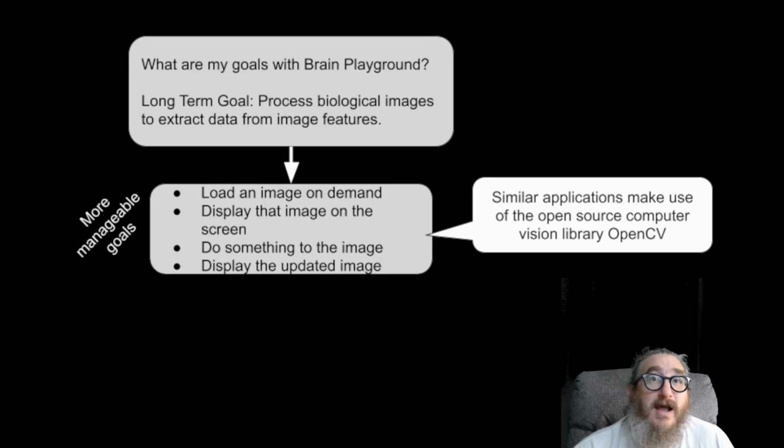In applications that do similar things, a lot of the open source applications are using OpenCV, which is an open source computer vision library. It's a library that's really designed for working with images and extracting features from them, which is exactly what I want to try to do. So the OpenCV library sounds like a really great place to start.